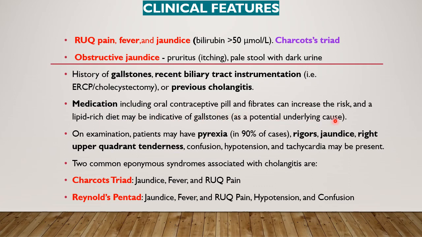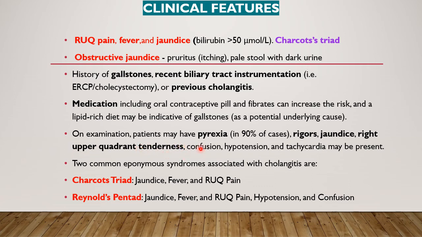On examination, as I mentioned, patients are febrile, pyrexia in over 90% of cases, and this is accompanied with rigors, jaundice, and right upper quadrant tenderness and pain.